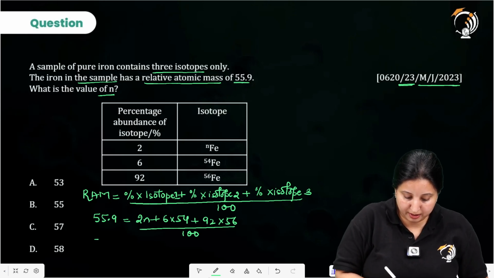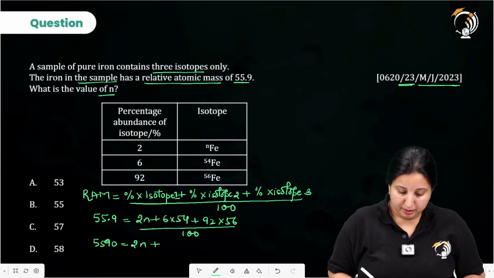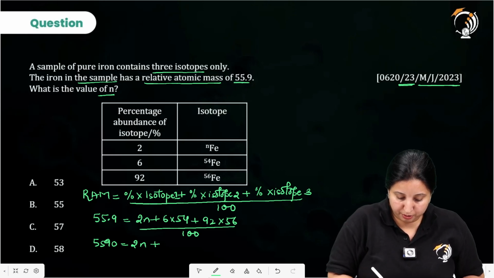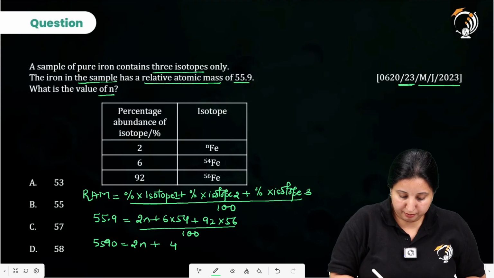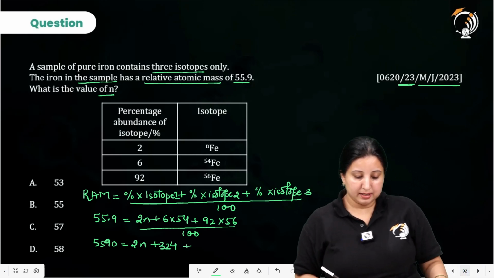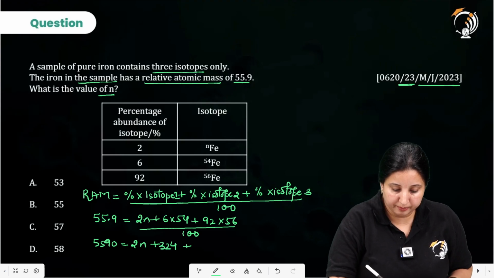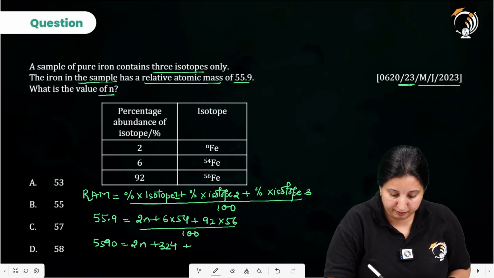So it is basically going to be 5590 equal to 2n plus 42, plus, let's calculate for the 92 and 56.